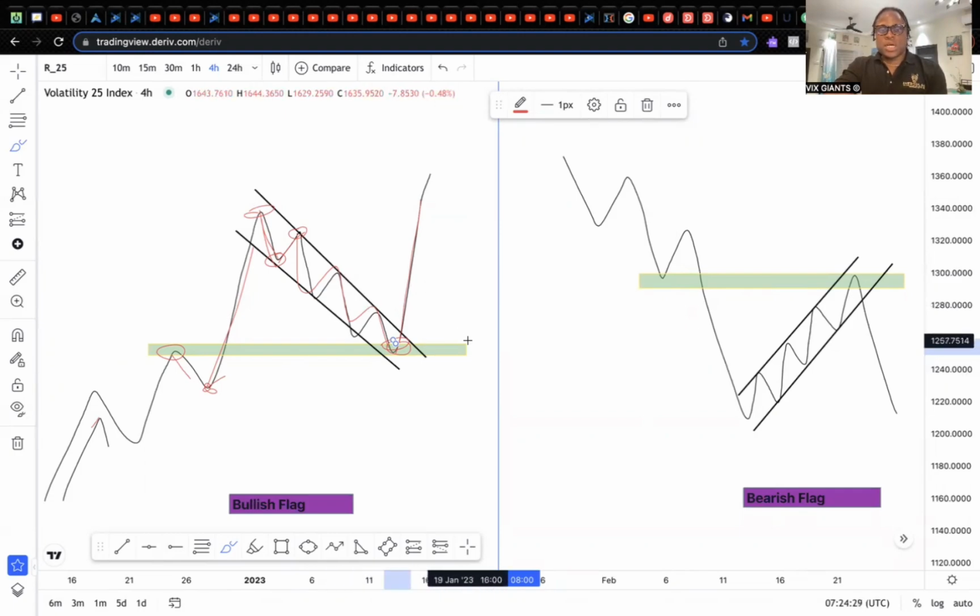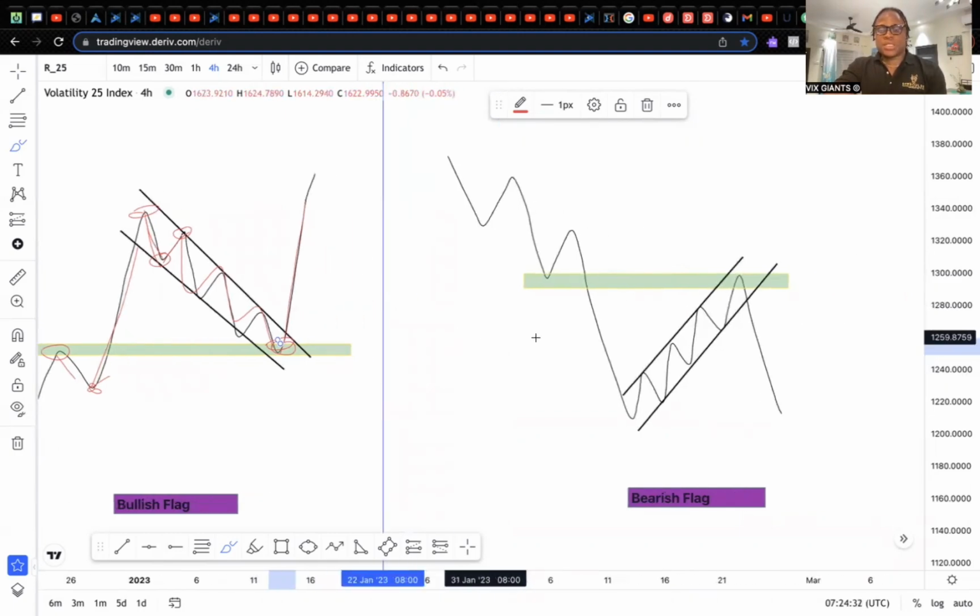So let's look at the bearish flag. The bearish flag is pretty much the opposite of the bullish flag. The bearish flag is a continuation pattern, which we will usually look for sells. So usually it resembles something like this, where we're in a downtrend and the market is creating lower lows, lower highs, lower lows, lower highs.